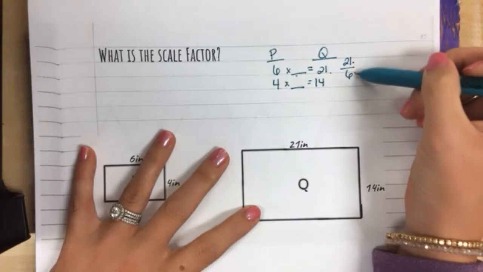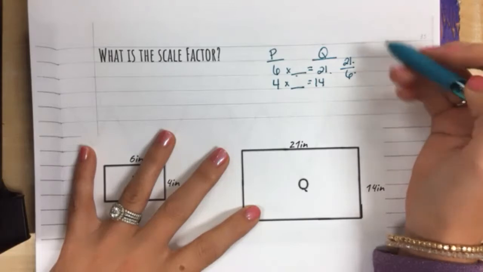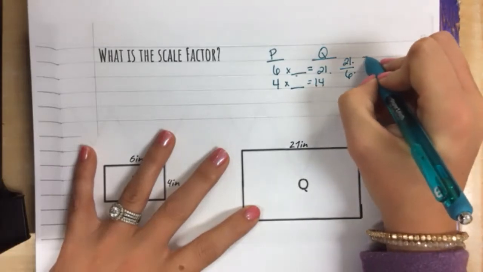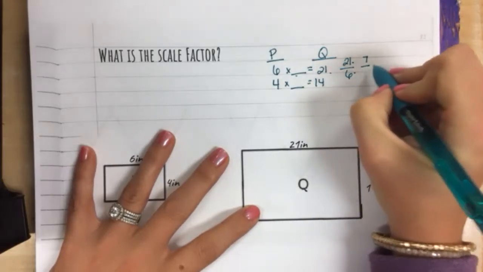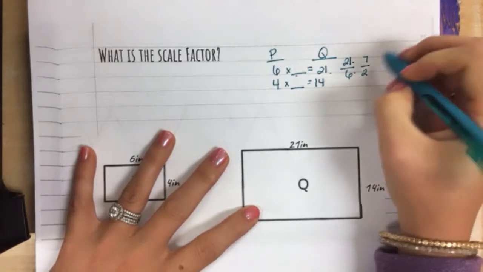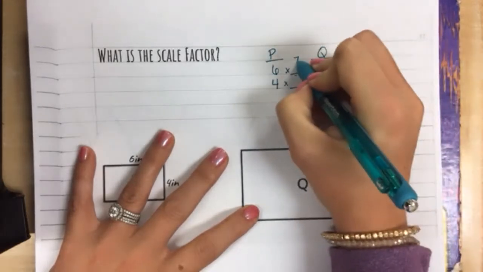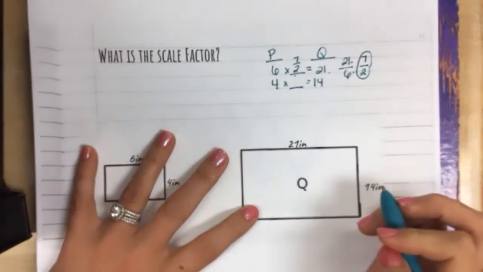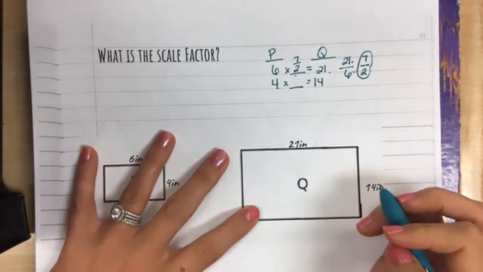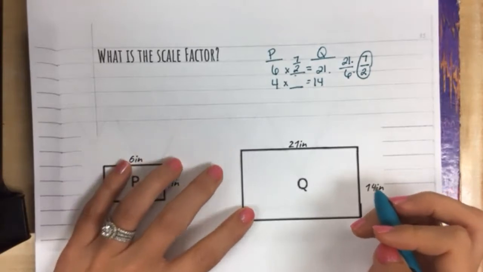Can I divide by 2 on both of these? No. Can I divide by 3 on both of these? Yes, I can. 21 divided by 3 is 7. 6 divided by 3 is 2. So here, 7 halves. Is it okay that I have a fraction? Yes, it is. Absolutely. Okay?